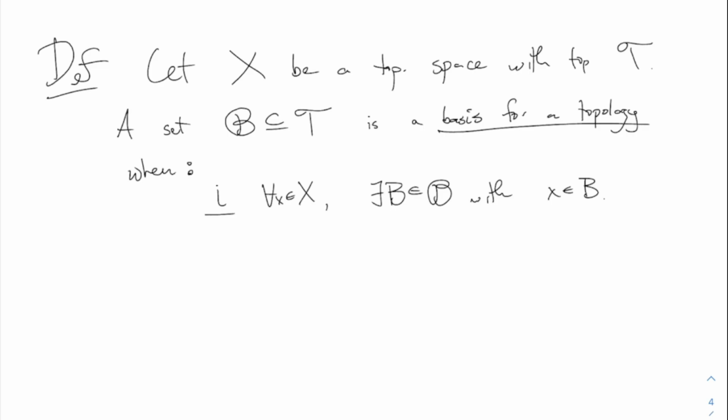So every point in the whole space is actually part of one of these special open sets, which is going to be part of the basis. That is, you could say in ordinary language, the basis covers X. Actually, if you recall from analysis, there was a concept of an open cover. This is the same thing. It just says that every point in the space actually is part of one of these basis open sets.